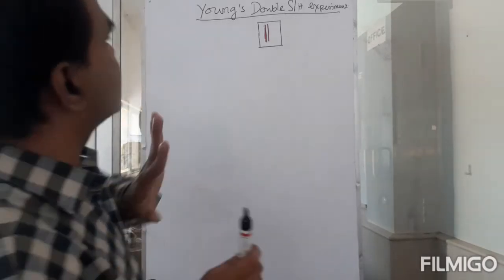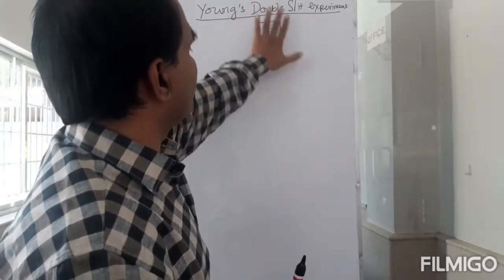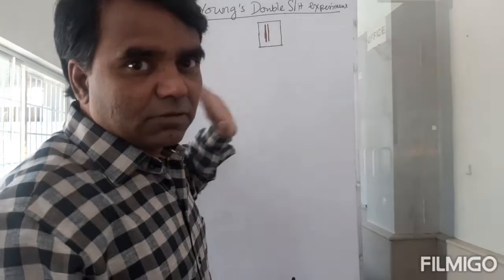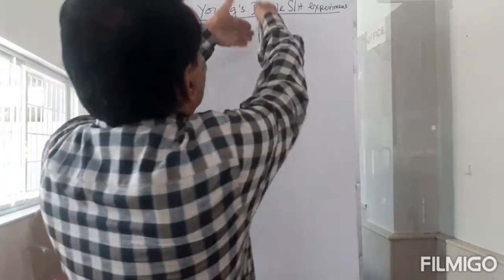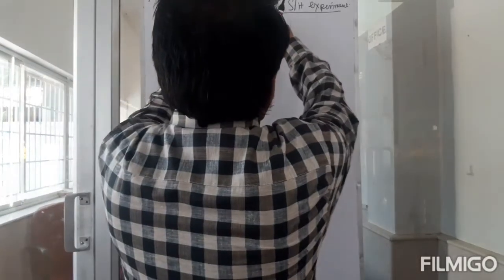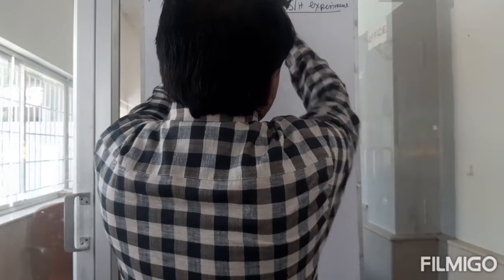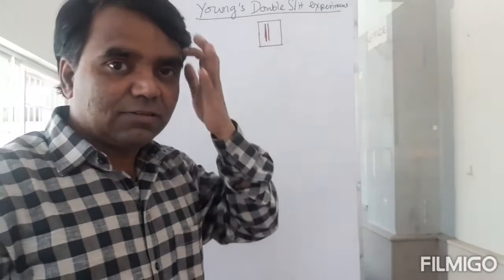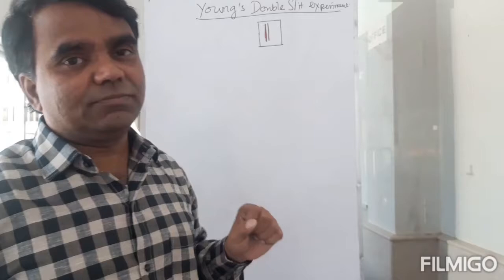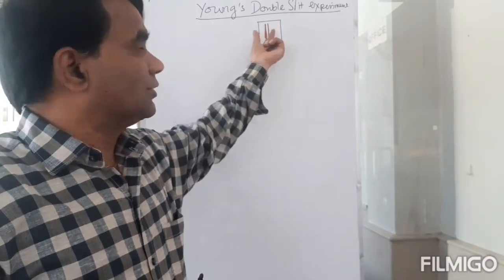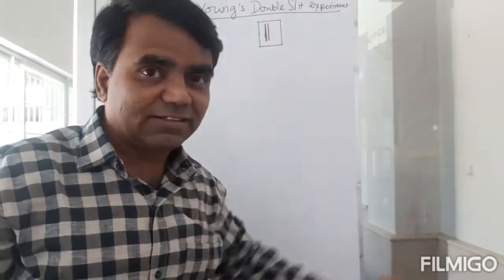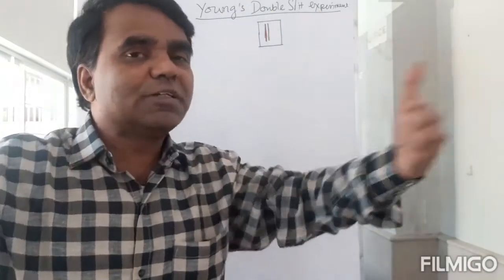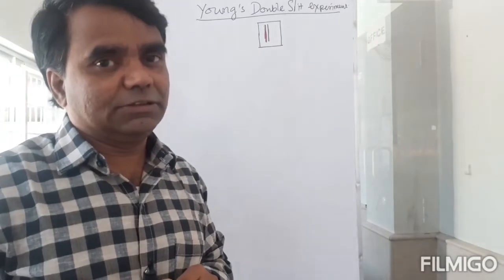So if light falls on this sheet, it's going to be blocked. It's completely blocked, and then the light will go through those two narrow slits. So now you have created the condition that we just discussed, the coherent sources. And on the other side, then you should be able to observe the interference patterns.